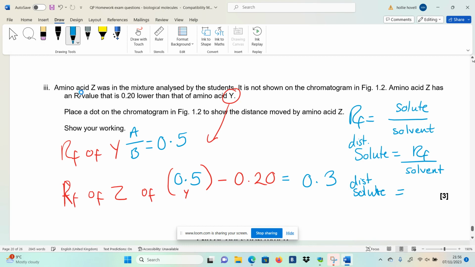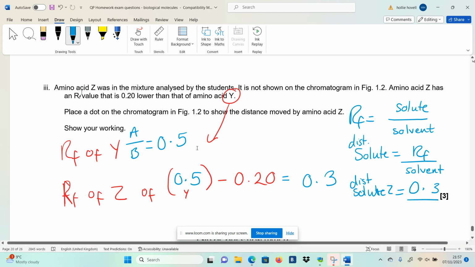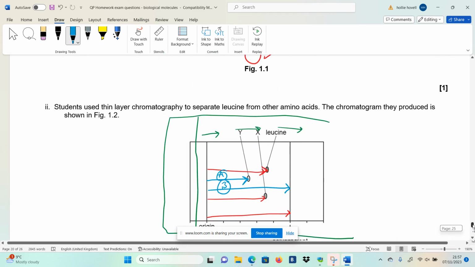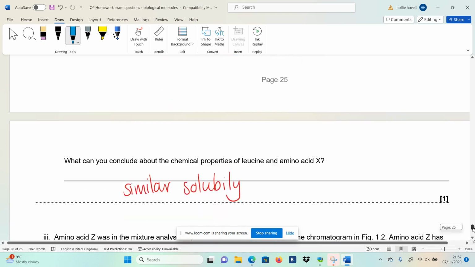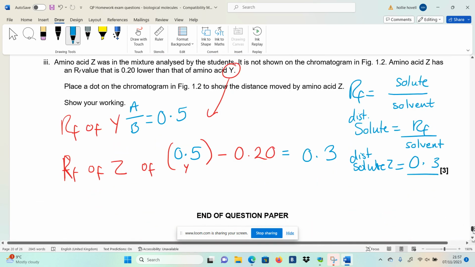equals, we're trying to find it out for Z. So the distance moved by solute for Z is RF, which we just found out to be 0.3, divided by the distance moved by your solvent. So you're going to have to go back to your picture and measure, well, you've already measured it really, but how far did the solvent move? That was your value B, wasn't it? The solvent moved from the origin up to the solvent front there. Okay, so divided by whatever you had for B, which should have been approximately, let's have a look.